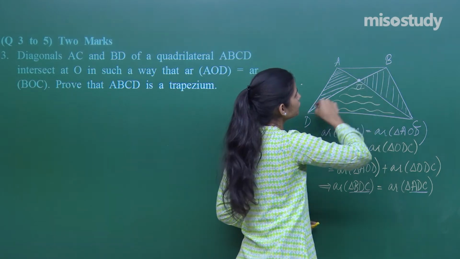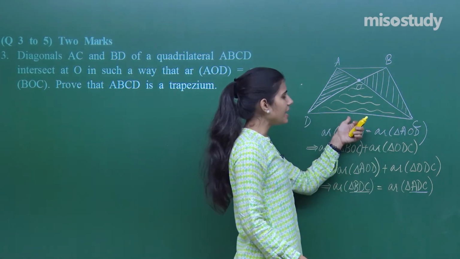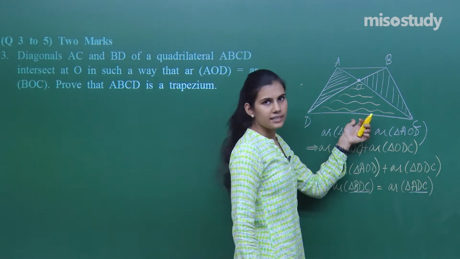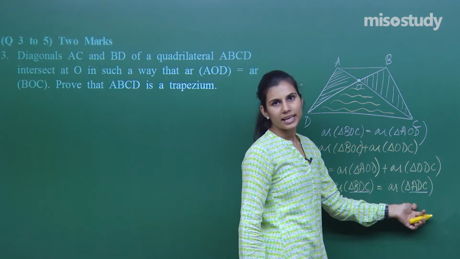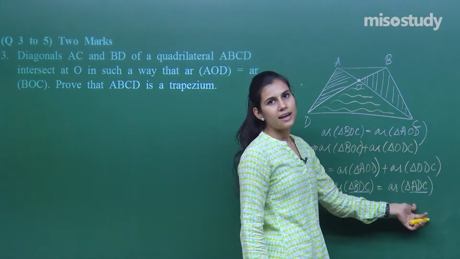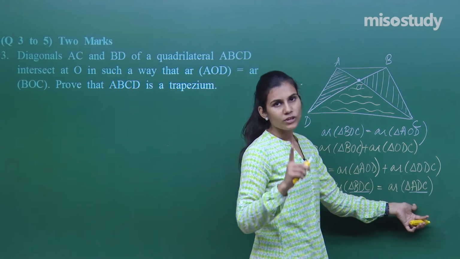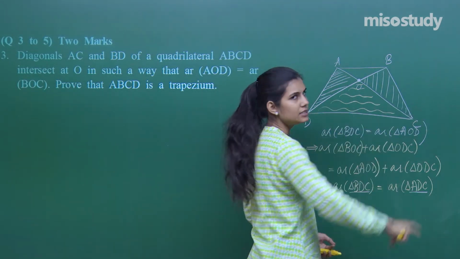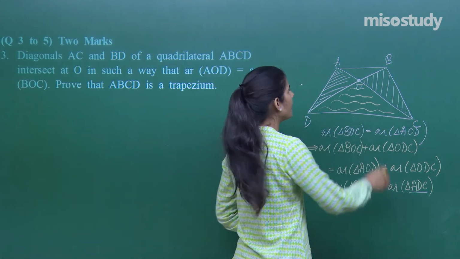If you observe these two triangles BDC and ADC, both of them are lying on the same base DC and have the same areas. Therefore, they will have same heights, which means they will be lying between the same parallels. And that is going to mean what?